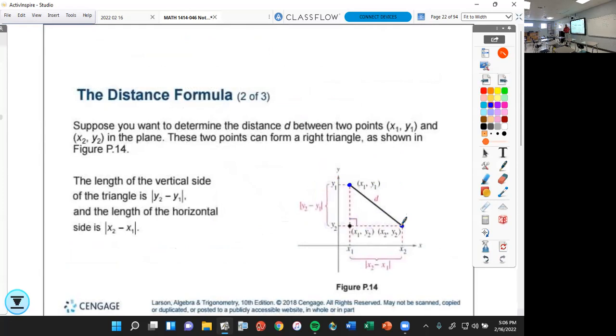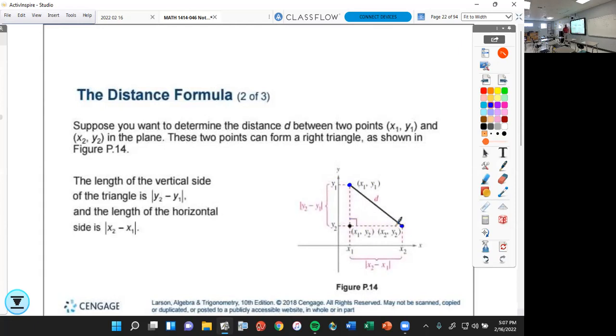Well, with any points that you draw, you could actually imagine a vertical line and a horizontal line. So I have a vertical line that's going to be perpendicular with the x-axis, a horizontal line perpendicular to the y-axis. And if I connect those horizontal and vertical lines to the points given, I have made a right triangle.